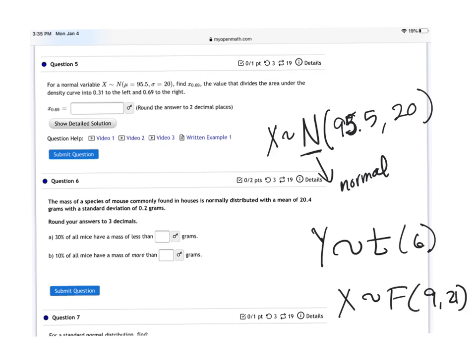If it was chi-squared, it would say Q is distributed chi-squared, and how many degrees of freedom, and so on. So that's what that notation means. Most of the questions have videos, so go ahead and click on those and make sure that you have an idea of what's going on.